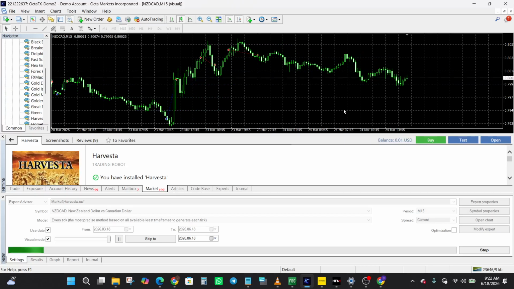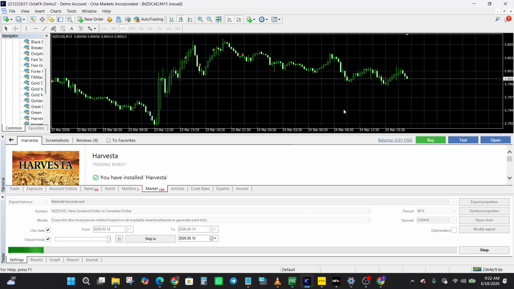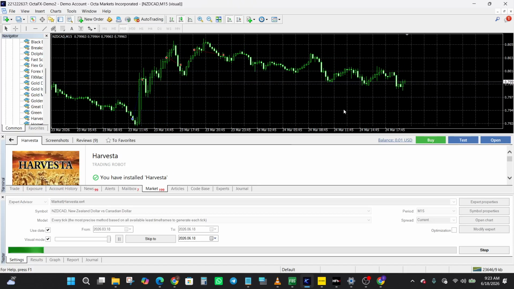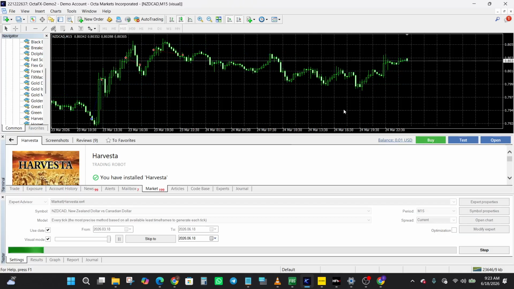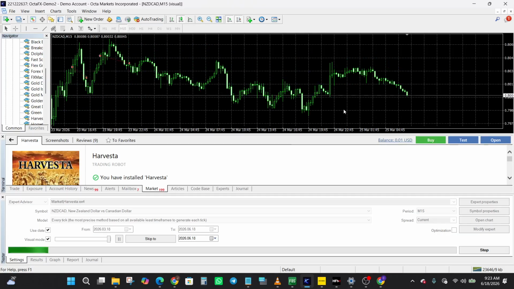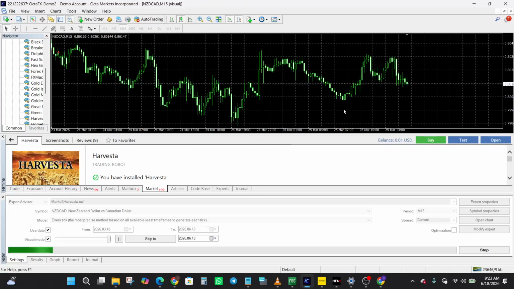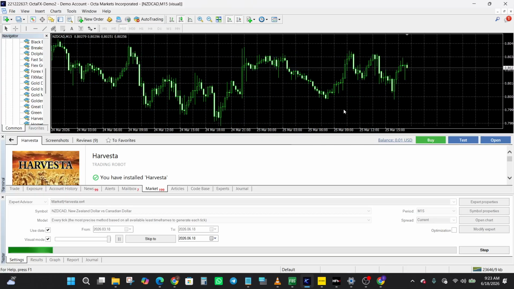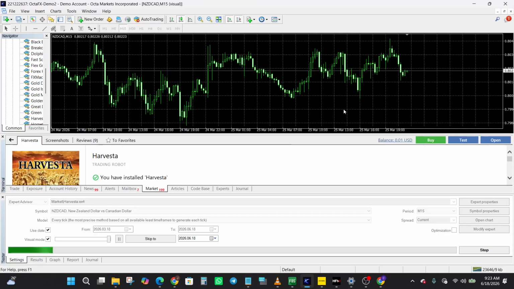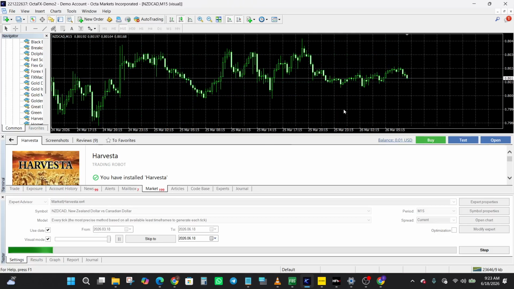So overall, Harvesta EA for MT4 is a multi-pair expert advisor built around probabilistic trading in congestion zones, using supply and demand principles, news filtering, and dynamic trade management.